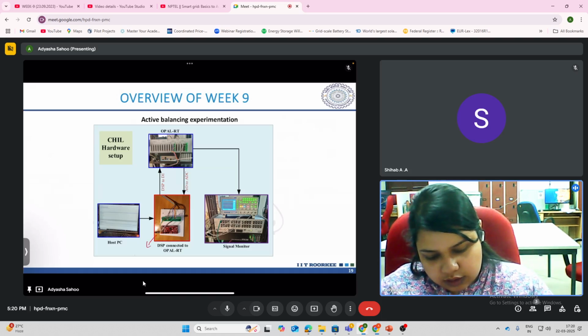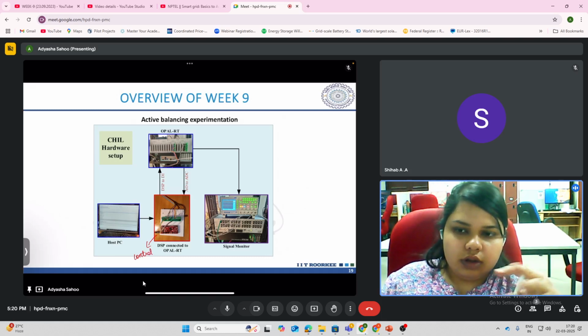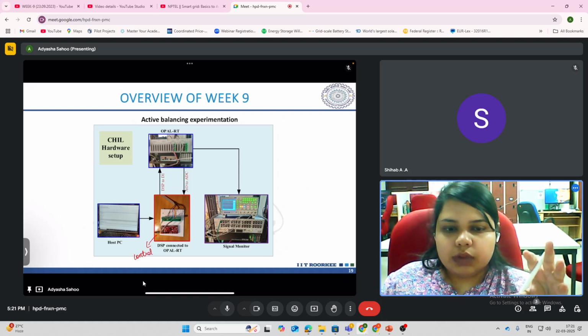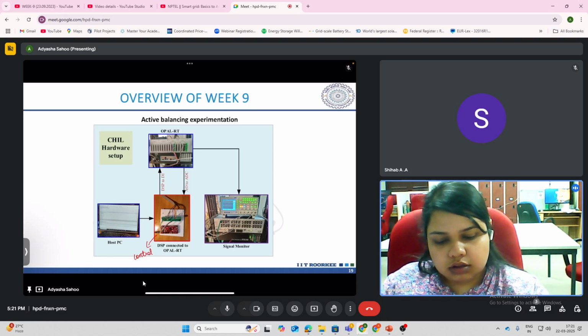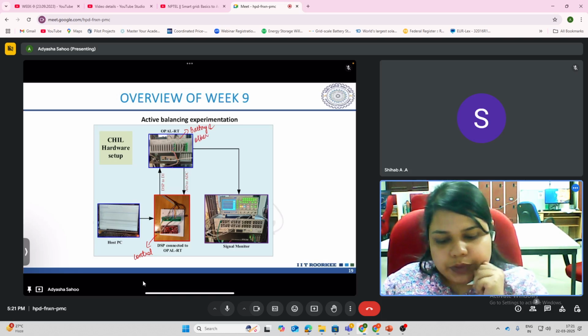The DSP has the control algorithm, but all the other things, your converters, the switches, and batteries, everything is in the OPLRT except the control algorithm. The battery and others are embedded in the OPLRT system. So this is a control hardware in loop setup.